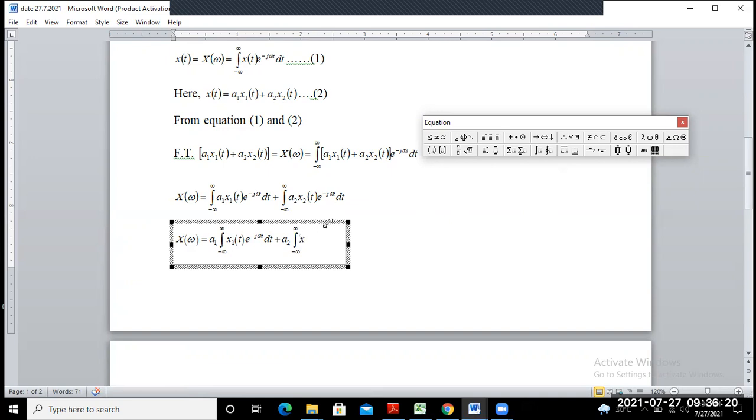Just write here x2t into e to the power minus j omega t dt.